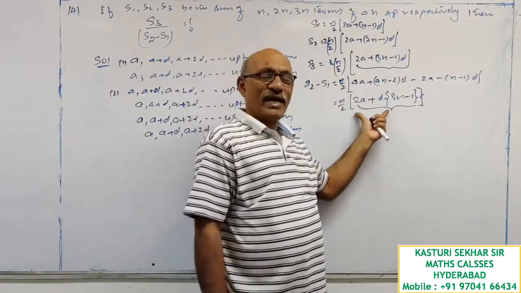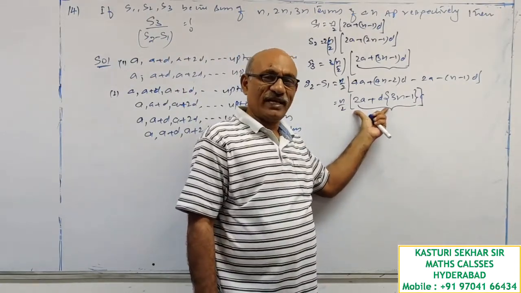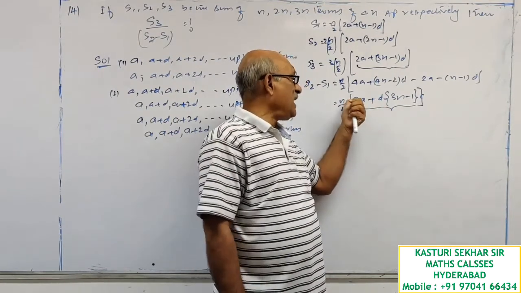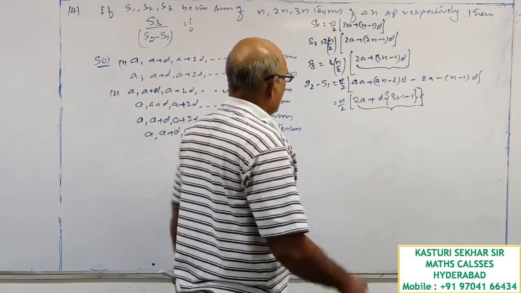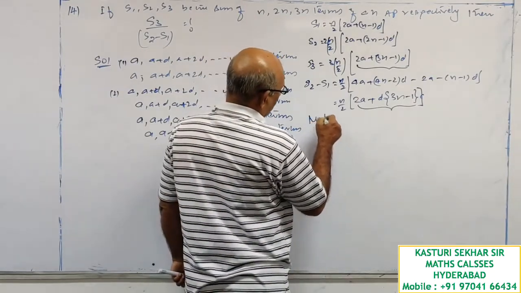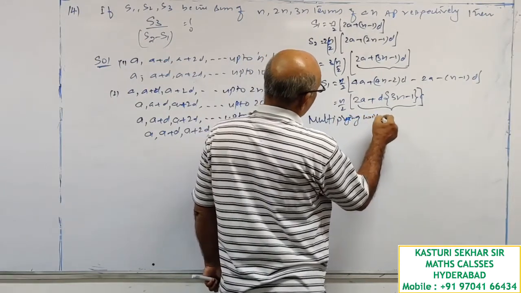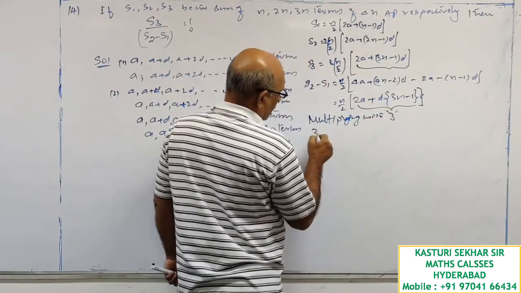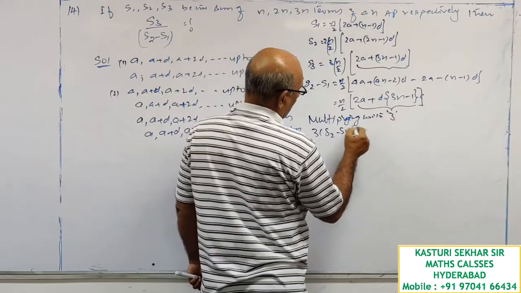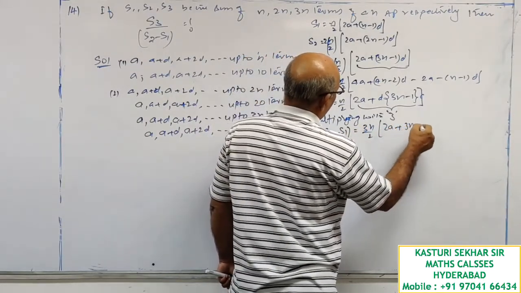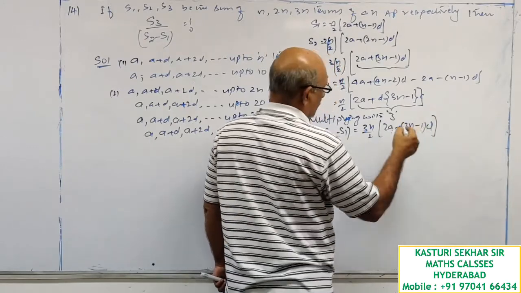To write the right hand side value as S3, I need a 3 outside the brackets. So multiplying with 3, 3 into S2 minus S1 is 3n by 2 into 2a plus 3n minus 1 into d.